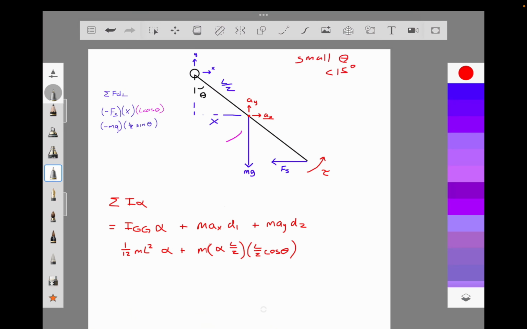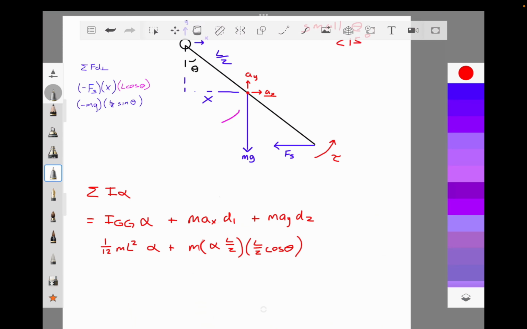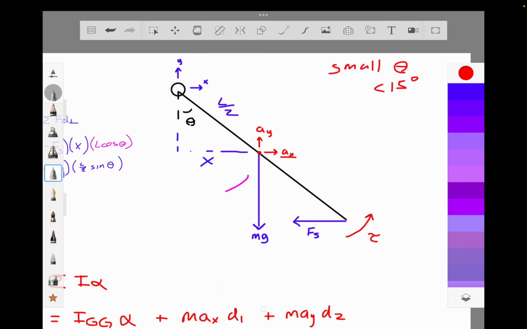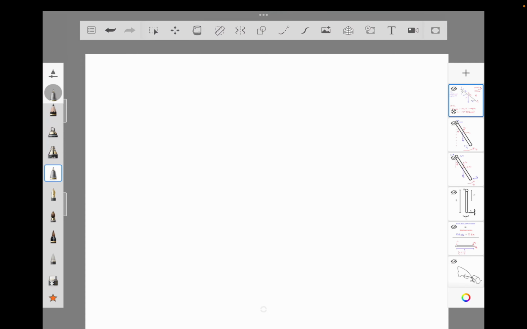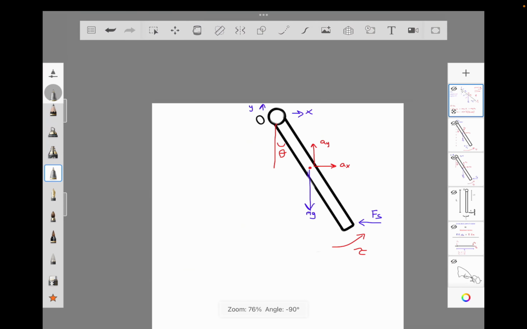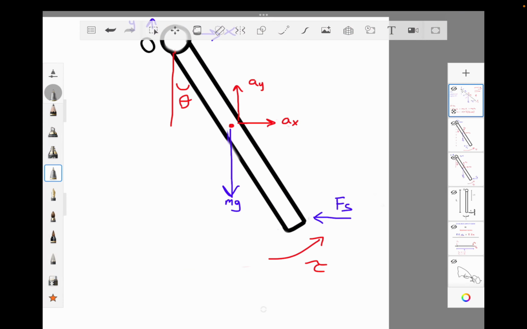And then MAY, we're assuming this point, I mean, it doesn't really help. But for our small angle assumption, we're assuming that this thing doesn't go up or down linearly. Because if you think about it, for all these problems, once you turn, the spring force is actually going to be acting at this angle right here.